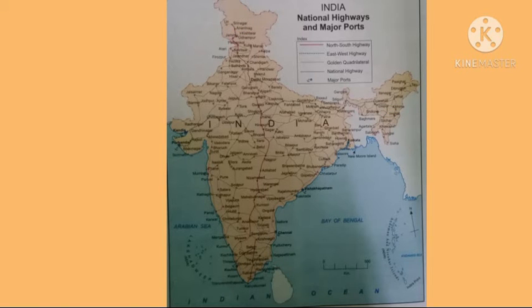The northern part and the northeastern part are hilly or mountainous regions, as we can see the Himalayan range spread from the north to the northeastern part of our country. Because of that, the transportation network is very less in these regions.